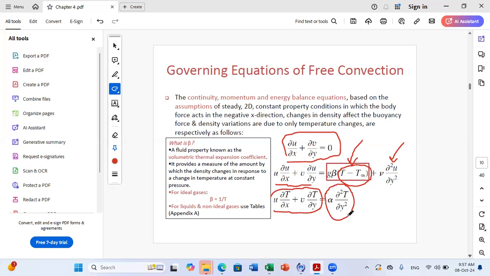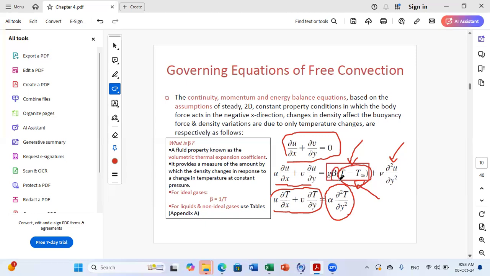So in steady state conditions, you can write the following form. What I care about mainly in these equations is to understand the importance of temperature difference in driving the flow in free convection.